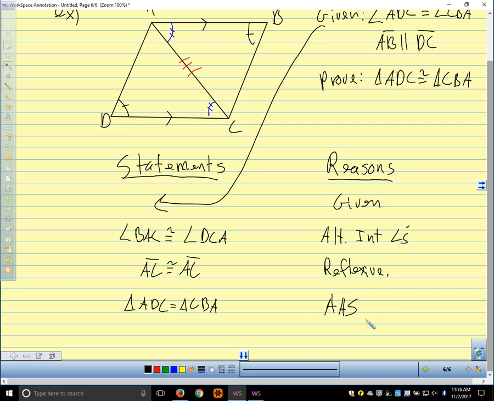So this part of what we do in chapter 4 is show that triangles are congruent. This is an example of how we go about that. All right, so questions on the example or on the proof? Okay.